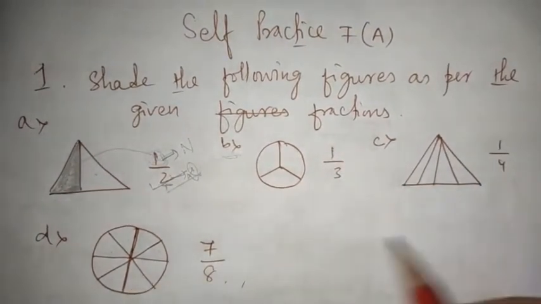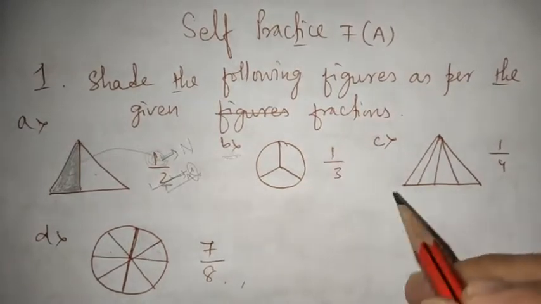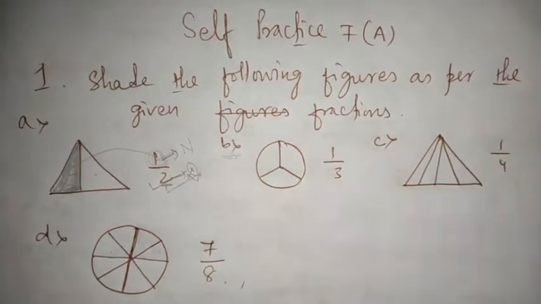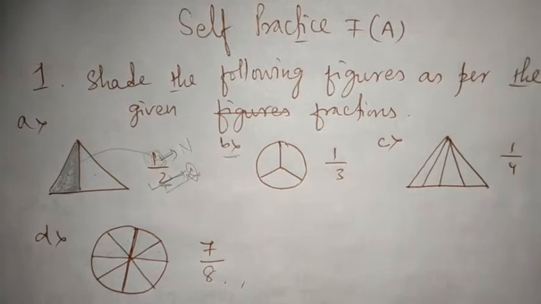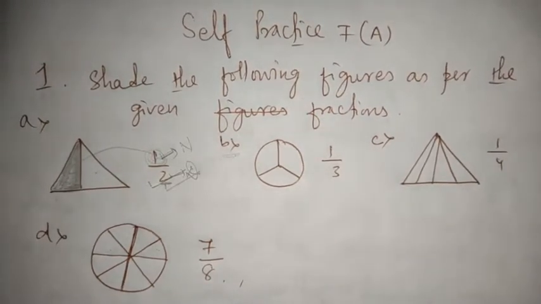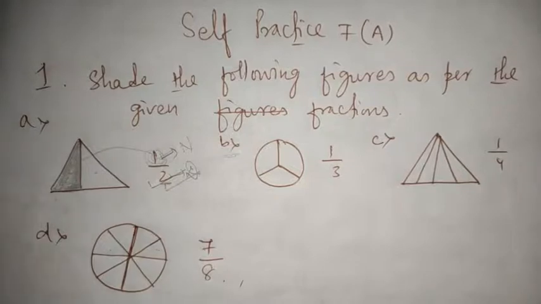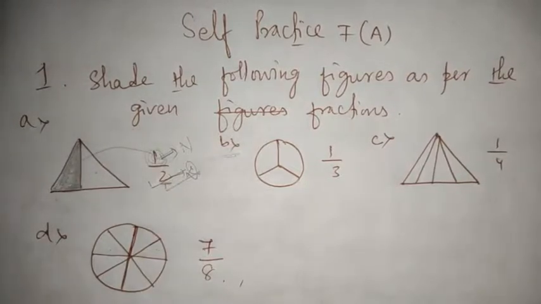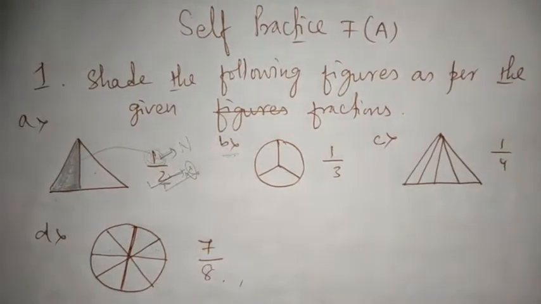This part is very interesting for you all because you like it. But besides that, you have to understand what a fraction actually is, what a fraction is actually trying to tell us. Every sum gives us a hint which will help you to solve the problem in our next self practice.